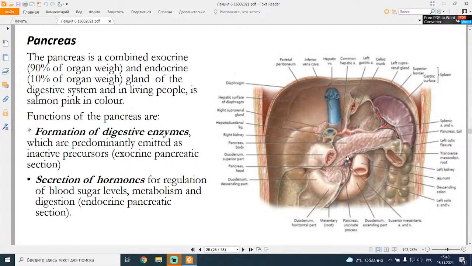Functions of the pancreas are the formation of digestive enzymes, which are predominantly emitted as inactive precursors, exocrine pancreatic secretion, and the secretion of hormones for regulation of blood sugar levels, metabolism and digestion, endocrine pancreatic secretion. What do you see? Pancreas.